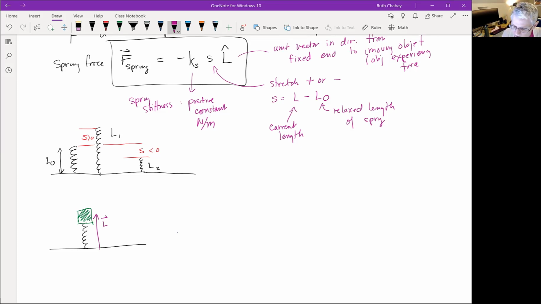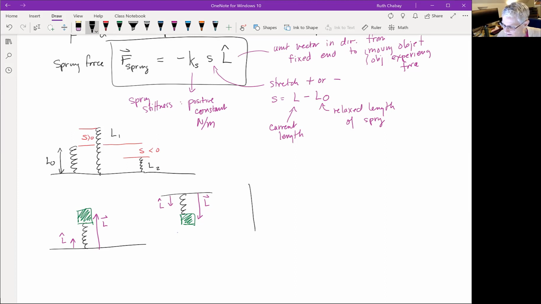And therefore, the unit vector L hat is just going to be a unit vector in the direction of the vector L. If we have a spring hanging from the ceiling, the vector L would go from the fixed end to the mass, and so L hat would be pointing that way.